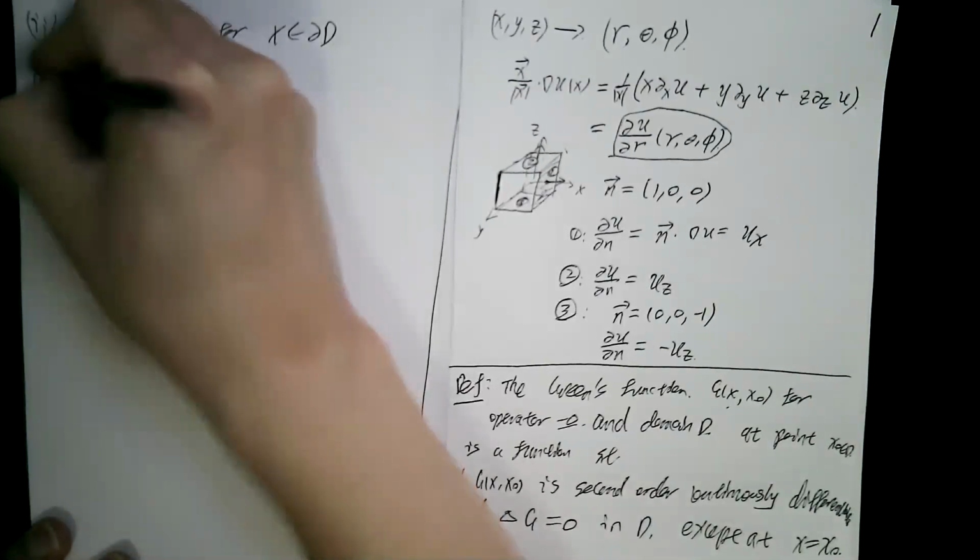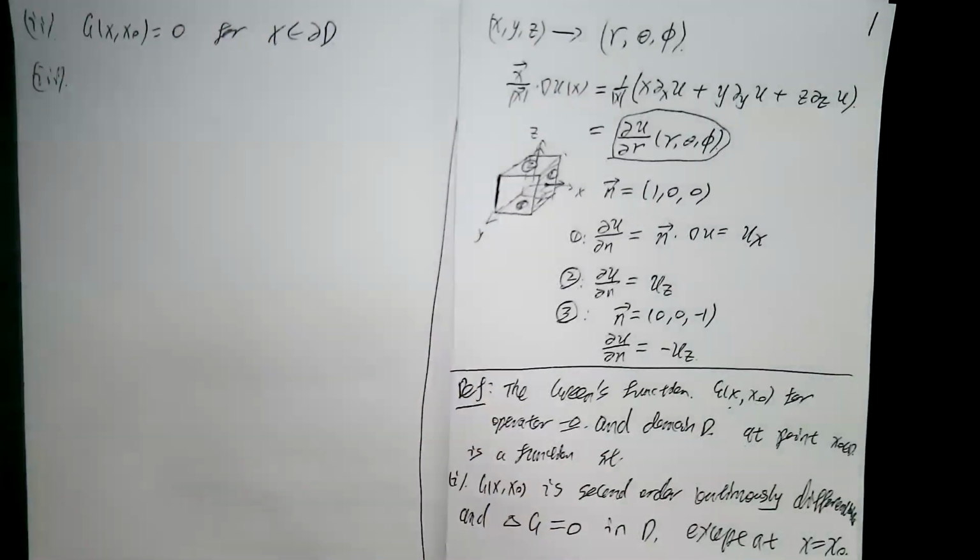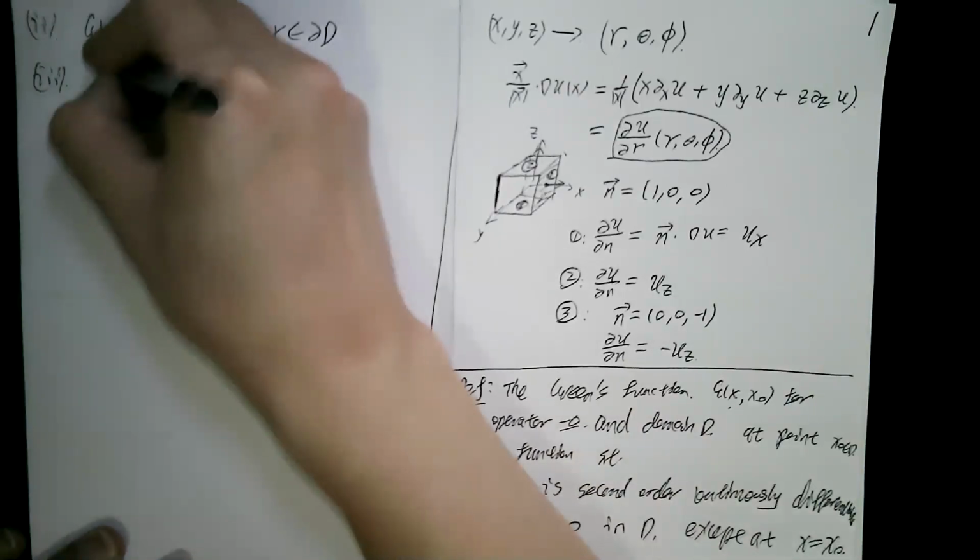And thirdly, this is something like what I said. This Green's function is just some modification of 1 over |x minus x0|. Okay?